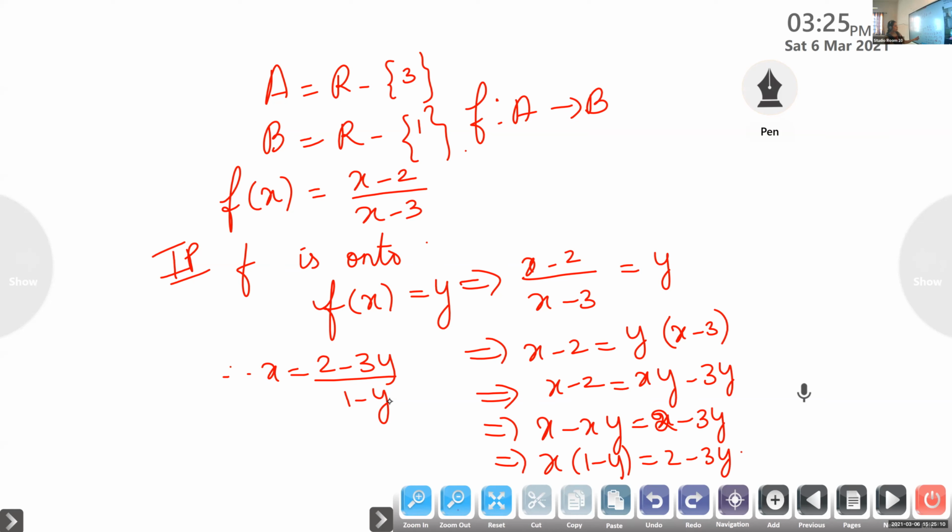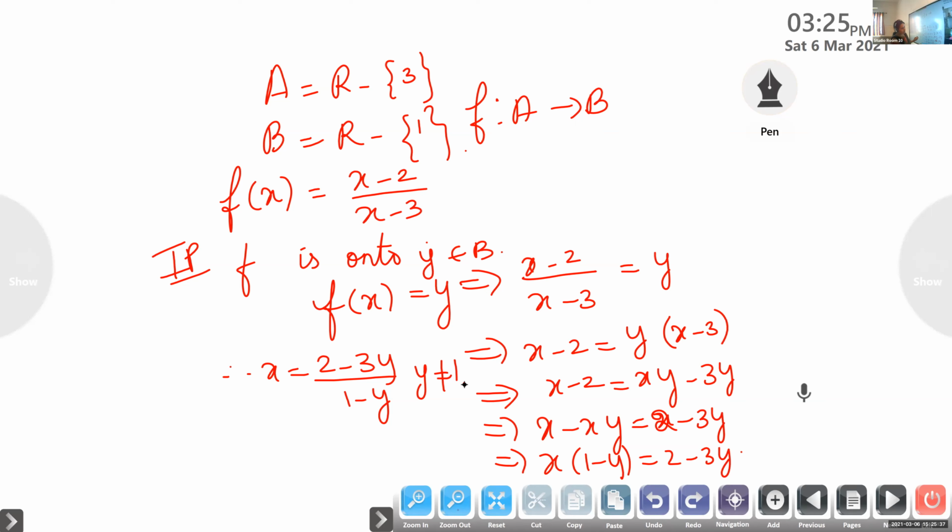Now look here. Already it is given, y we are taking from B, isn't it? Y belongs to B. So surely y is not equal to 1. Therefore, whether x equal to (2 minus 3y) by (1 minus y) will exist or not?